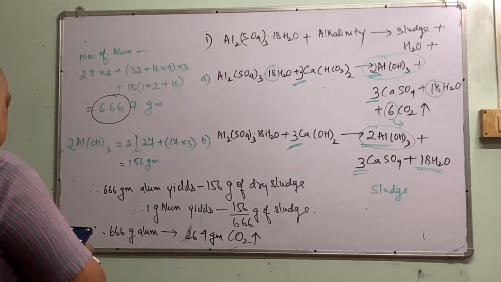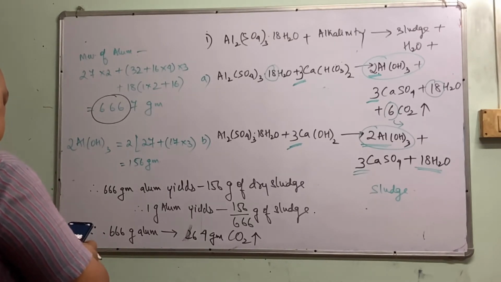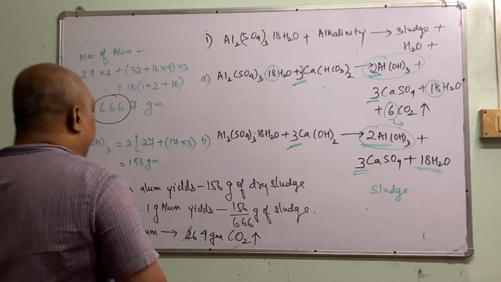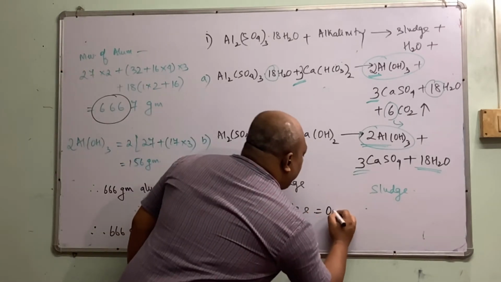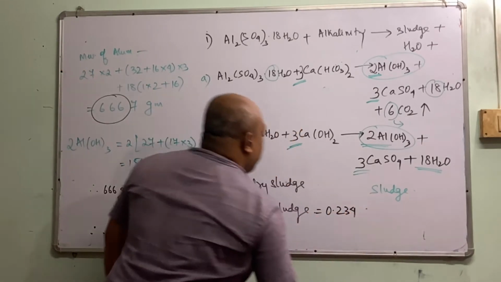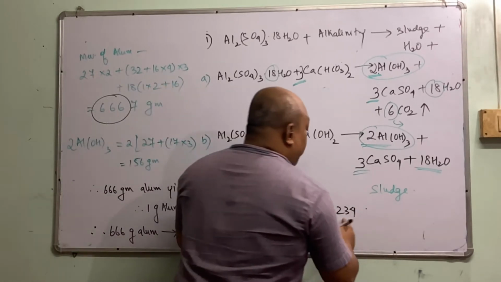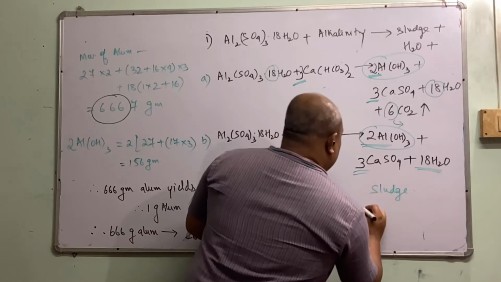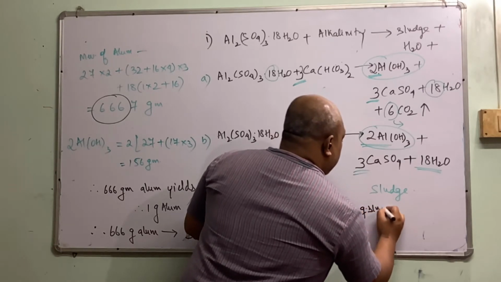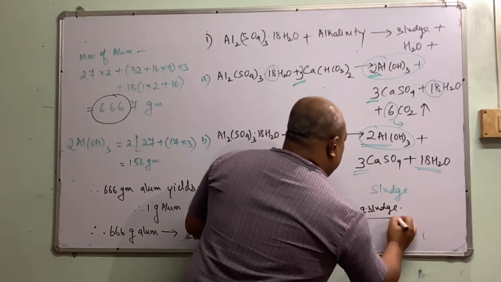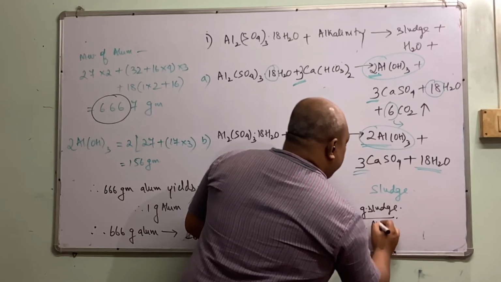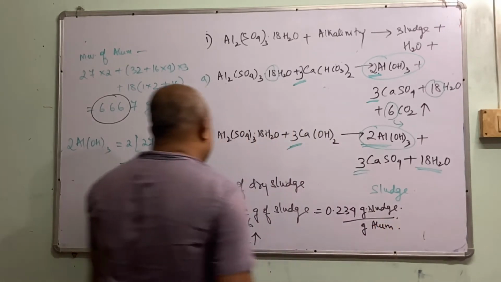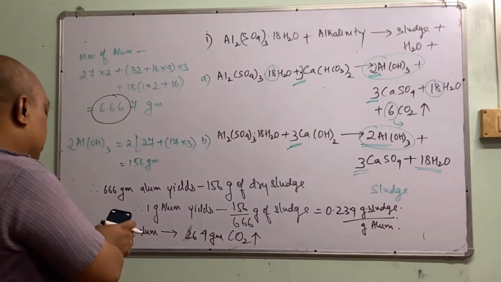So 156 divided by 666 is 0.234. This is 0.234 gram of sludge produced by 1 gram of alum. Similarly, you can find here 264.